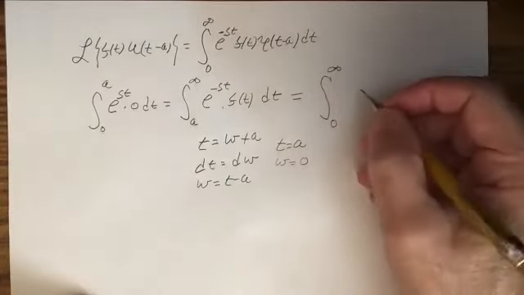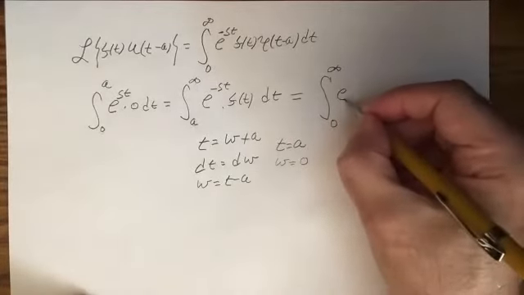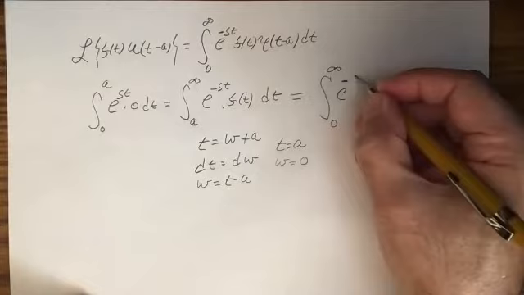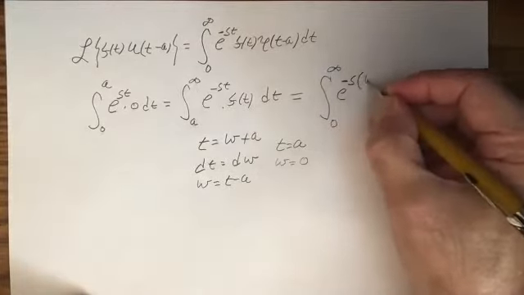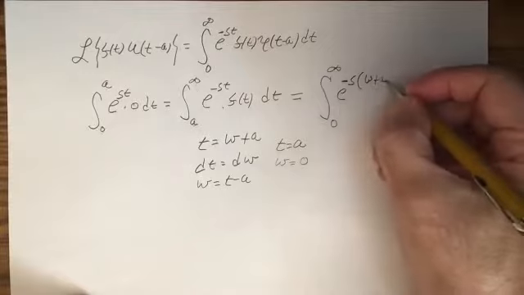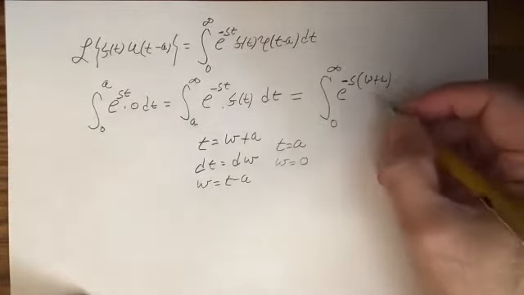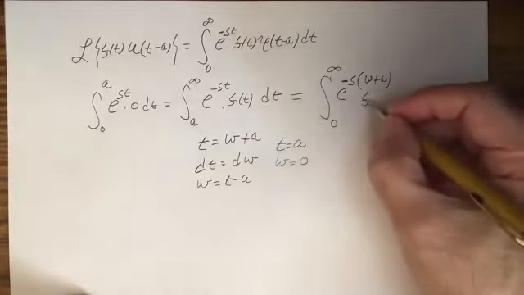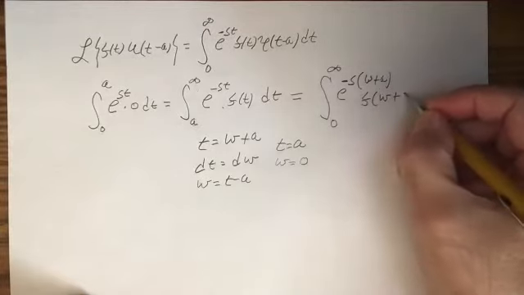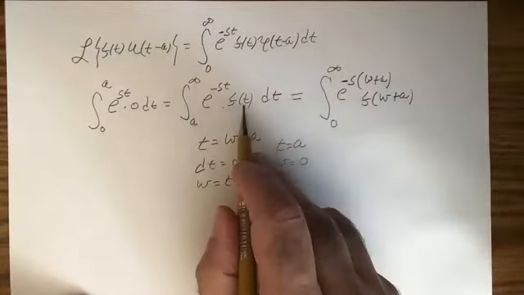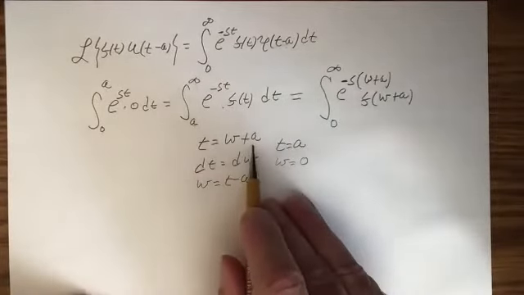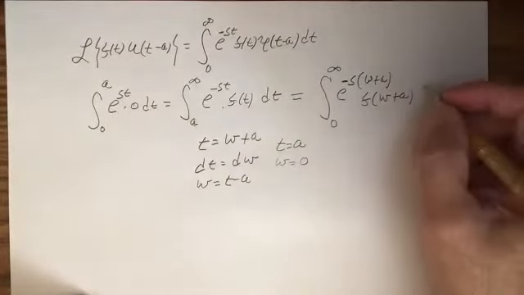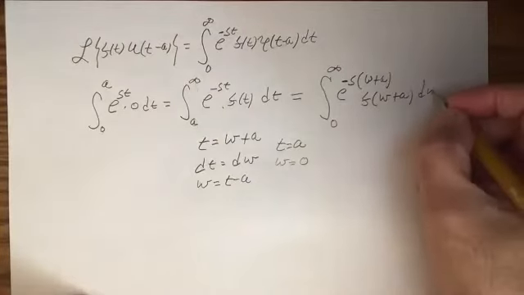So I'm going to have now e to the minus s, and remember, my t, I'm writing as w plus a. And then my f is f of w plus a, because I'm substituting in place of t, I'm putting in w plus a. And then this is dw. Okay.